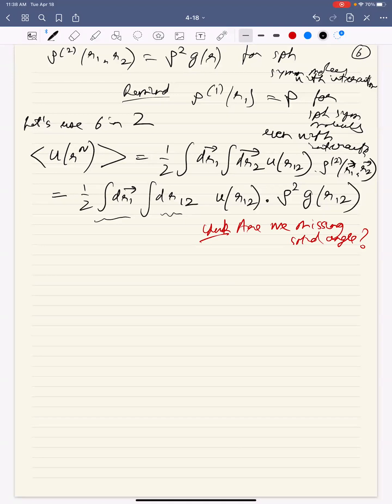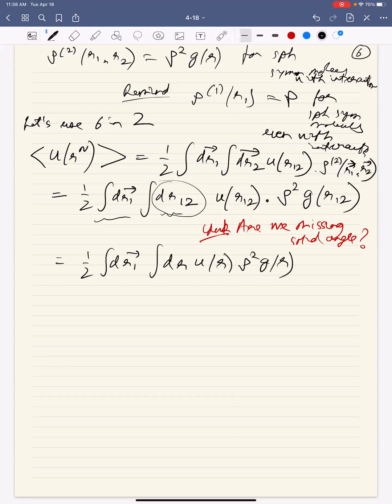So once we have this, this R12 is just a variable. It's like we did earlier, we can call it by some other name. We will call it d small r. So we will just call it d small r, u of r, rho square, g of r.